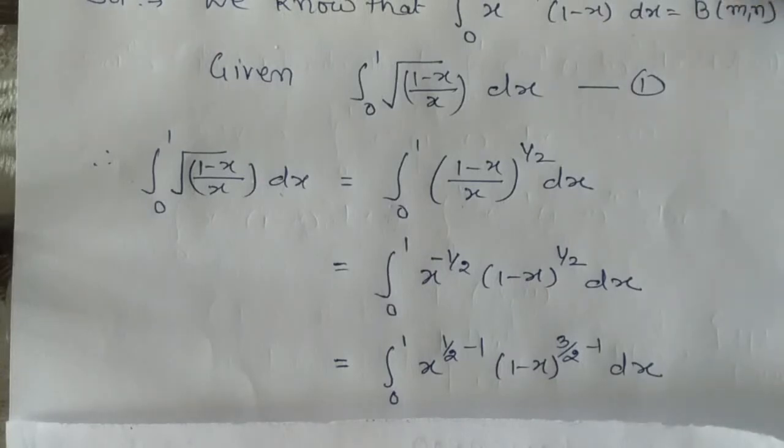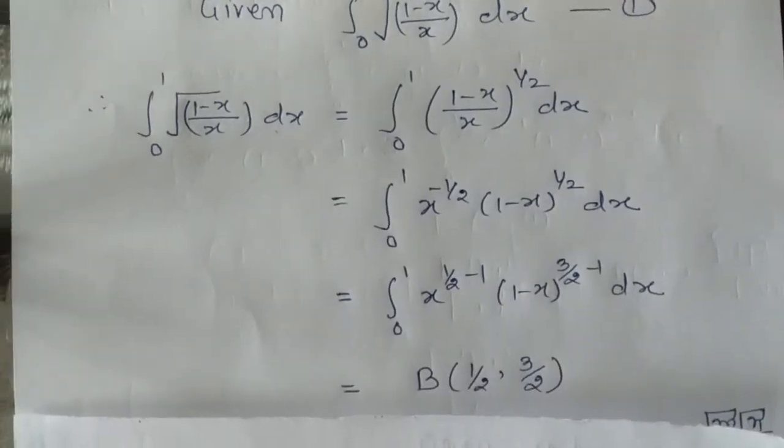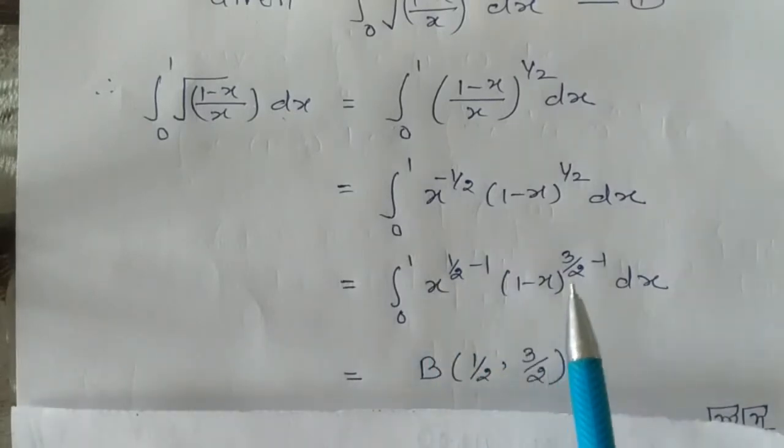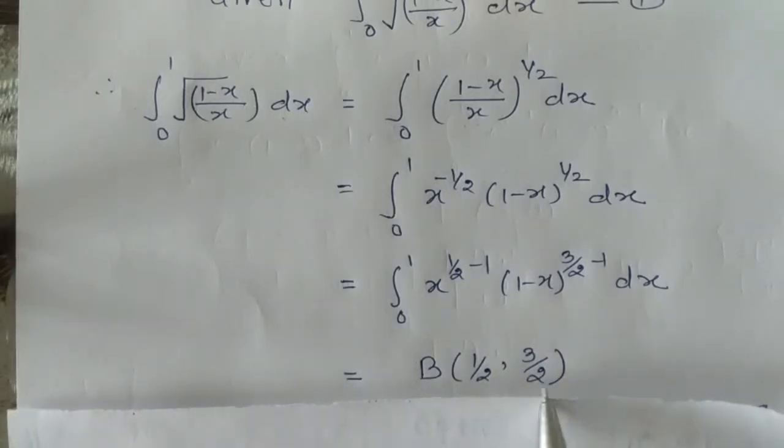So we have beta(1/2, 3/2), with the value of m being 1/2 and the value of n being 3/2. Now using the relation between the beta and gamma functions, we know that beta(m, n) is equal to gamma m into gamma n upon gamma (m plus n).